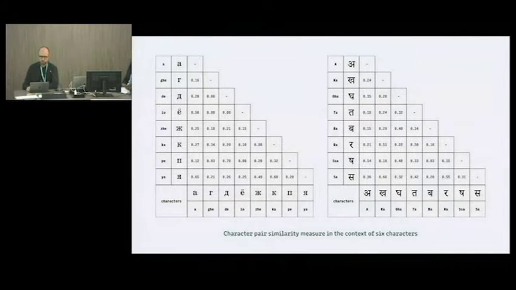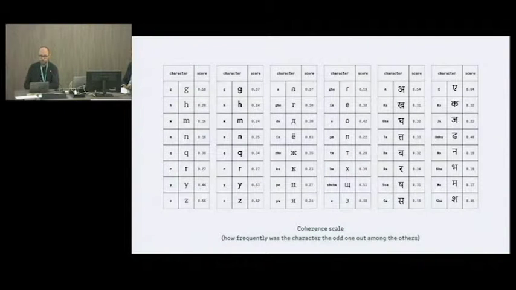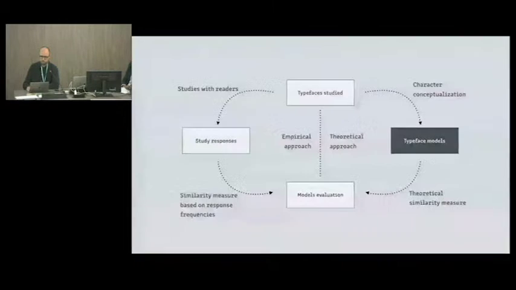And again, the same for Cyrillic and Devanagari. And this is done for, I think, 12 typefaces in Latin, 8 typefaces in Cyrillic, and 8 typefaces in Devanagari. So it's quite a lot of data. And then you can go even further and develop something I call similarities coherence scale, which gives you some indication about how the characters are different from each other.